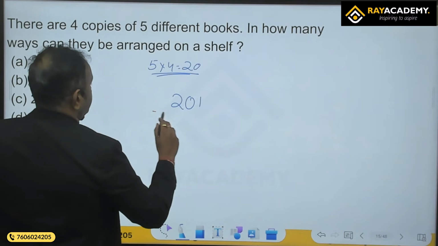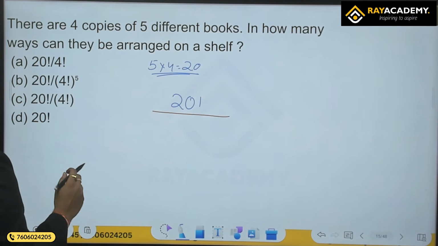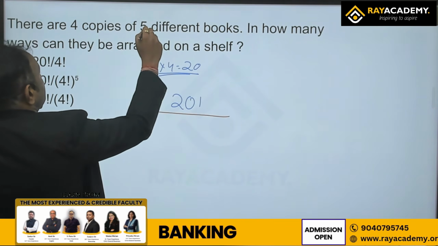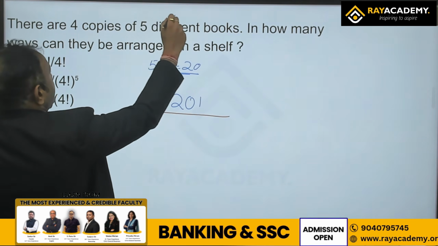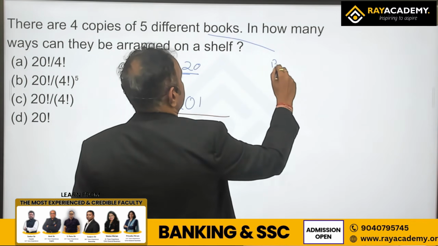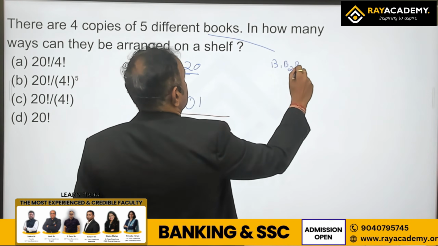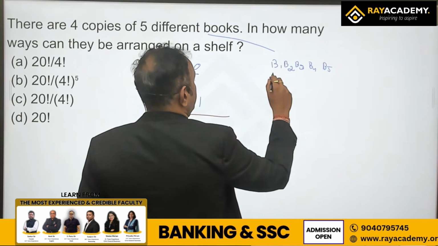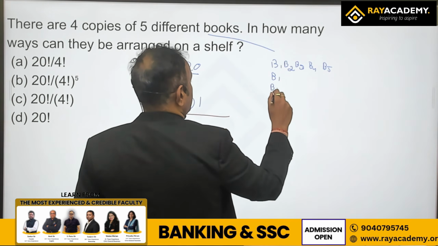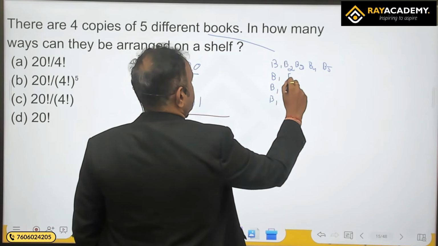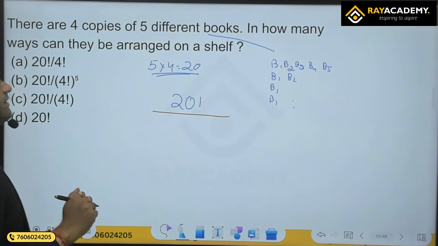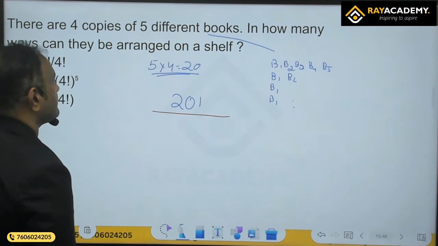But there are 5 different books. Let's say book 1, book 2, book 3, book 4 and book 5. Book 1 has 4 copies, book 2 also similarly 4 copies. So total entities are 20, we can say 20 factorial, but there is repetition.